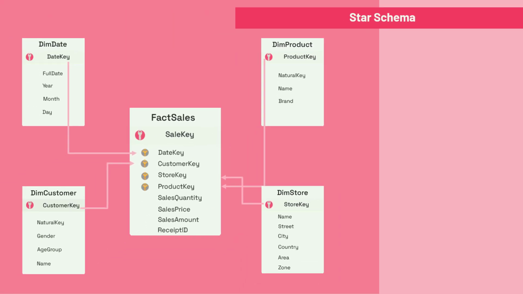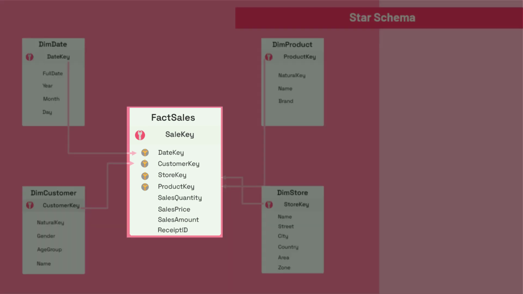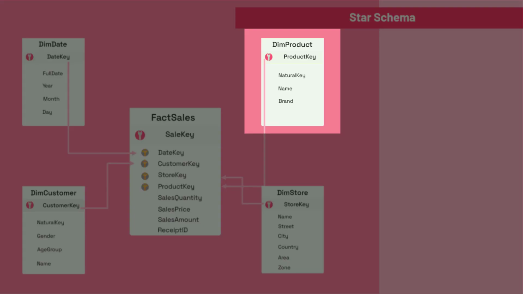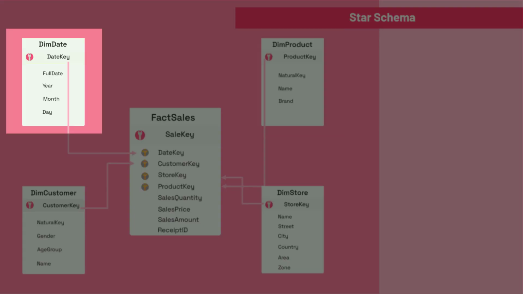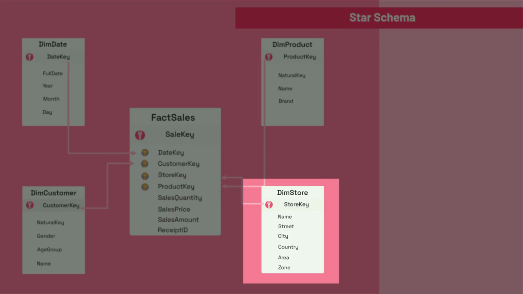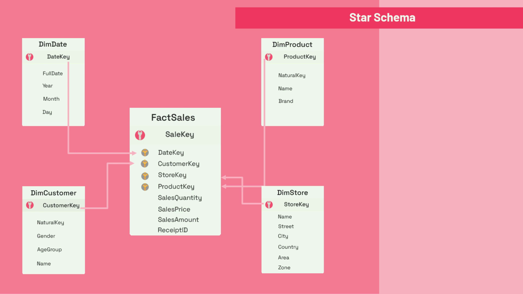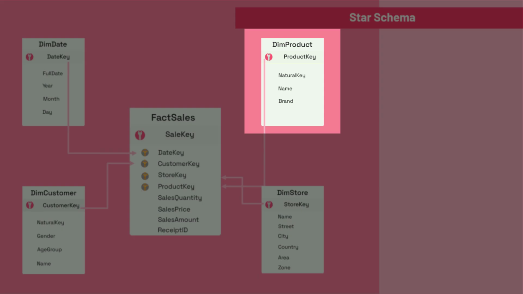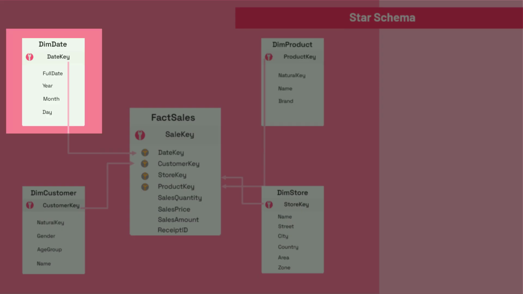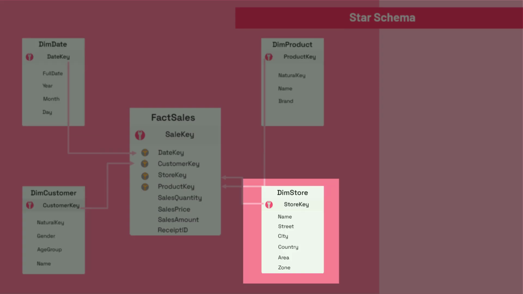When we want to design a map based on the star schema, we say that we have a fact table and 3 dimension tables. Our fact table is placed at the center, and the 3 dimension tables are placed around it and connected to it in the form of a star.